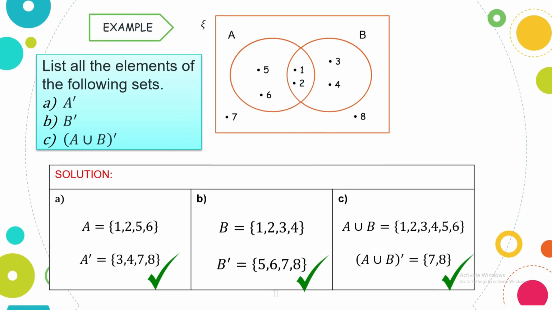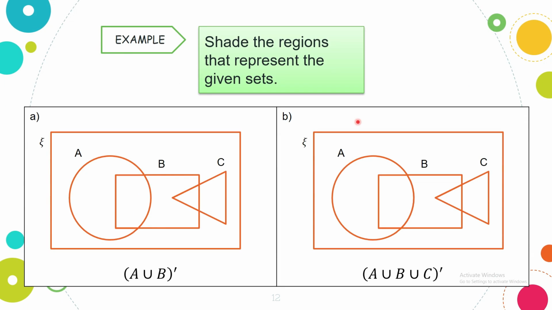Okay, next example, shade the region that represents the given set. We take a look at A first. This is the Venn diagram, and this is the set notation: complement of A union B. A union B is this part.